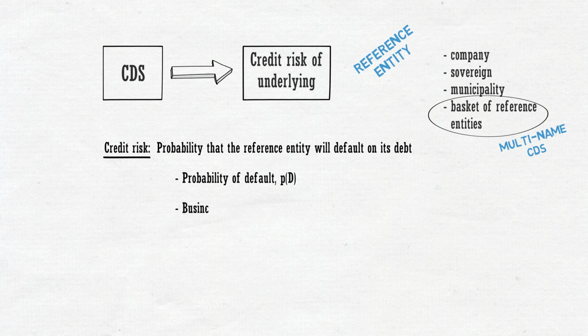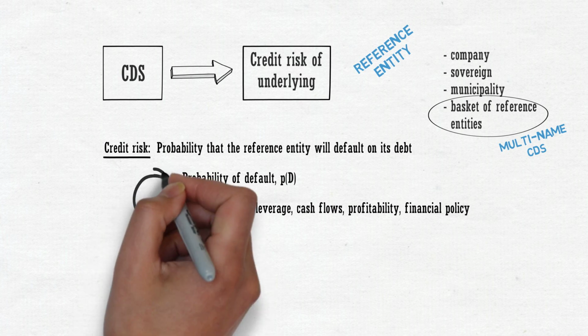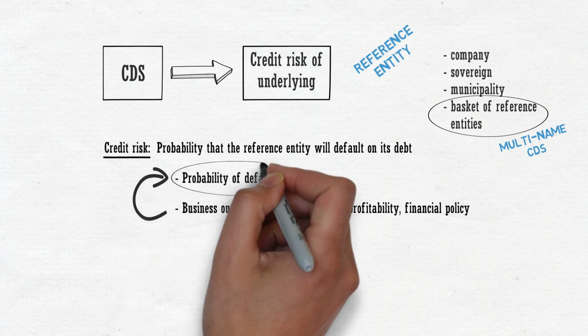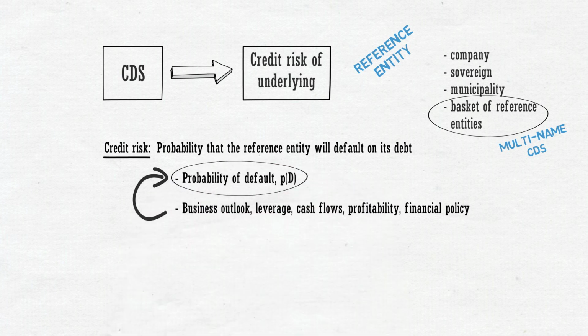For example, by analyzing the company's business outlook, its leverage, its cash flows, profitability, the quality of its management, the strength of its balance sheet, its financial policies, etc. But even then, your analysis will lead you to the answer to that same question. What are the chances that the reference entity is going to default? Or, put it differently, how far is the reference entity from a default? So, going forward, we will use these two terms, credit risk and default probability, interchangeably.